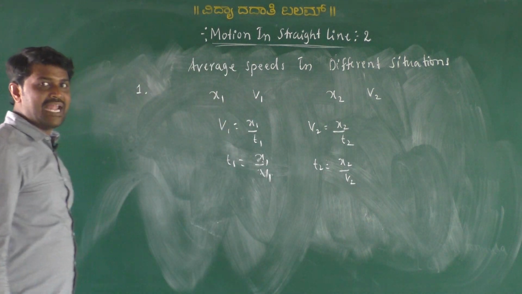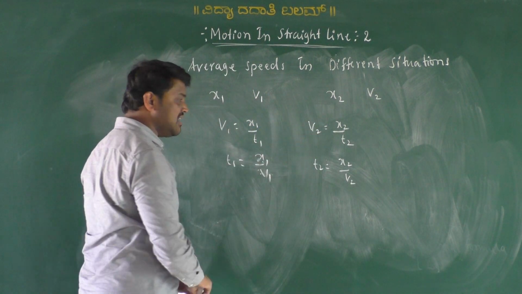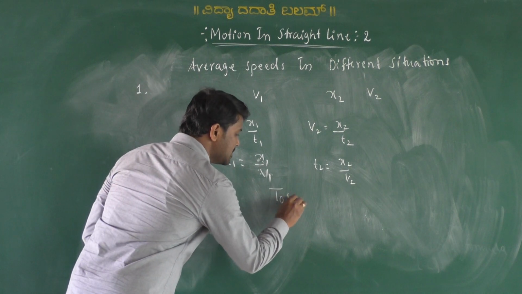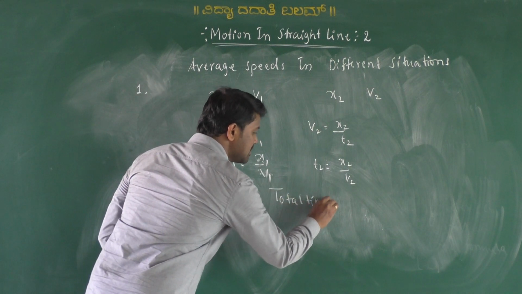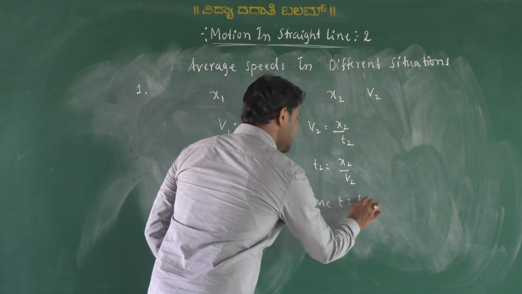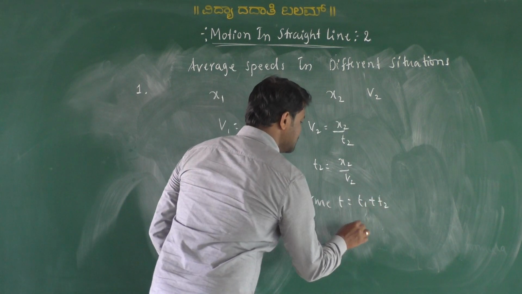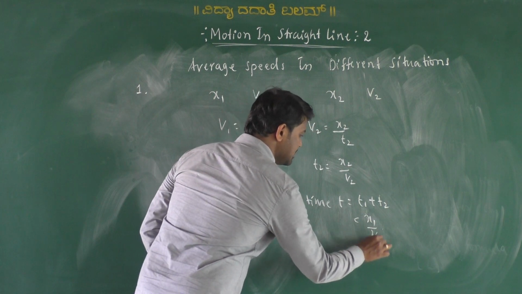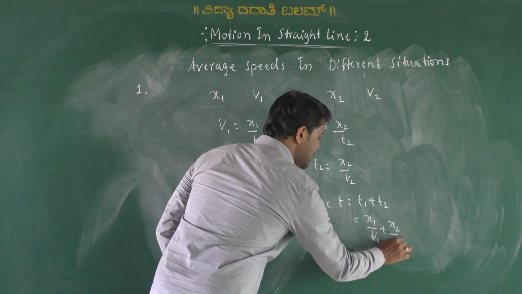Now let us calculate the total time interval which covers. So therefore total time t equal to t1 plus t2. So therefore x1 upon v1 plus x2 upon v2 here.